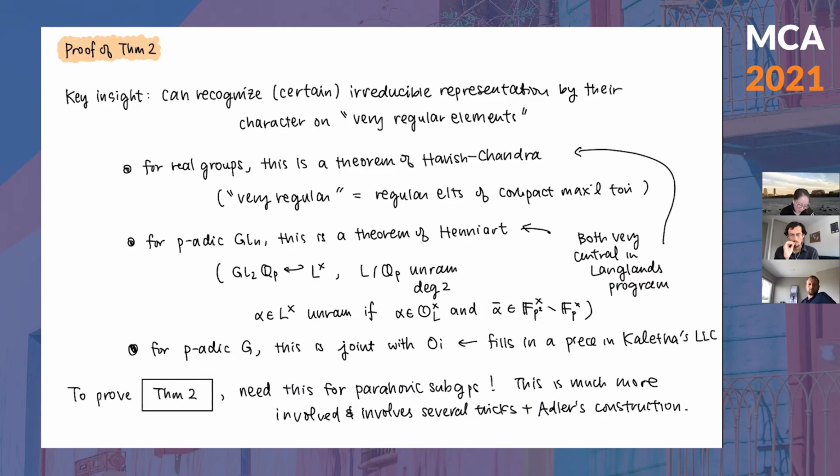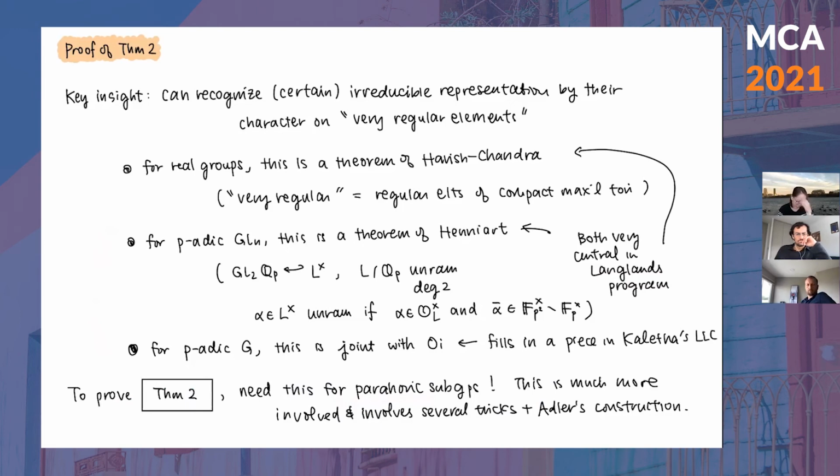I just wrote this here. To prove theorem 2, we need to have this kind of characterization for parahoric subgroups. And this turns out to be much more involved than, for instance, these two. The representation theory of parahoric subgroups is in fact much more badly behaved than for p-adic groups.